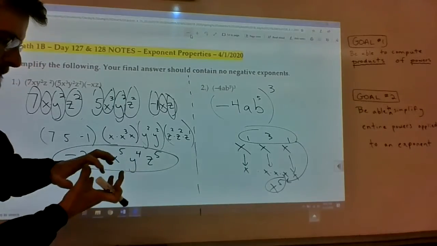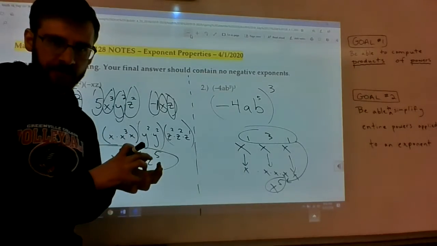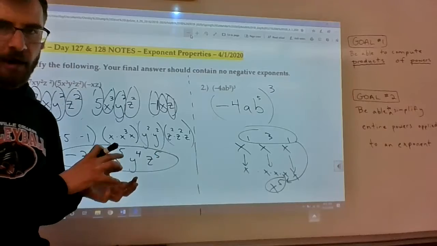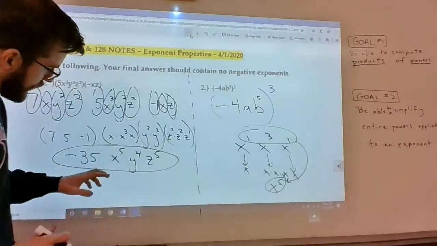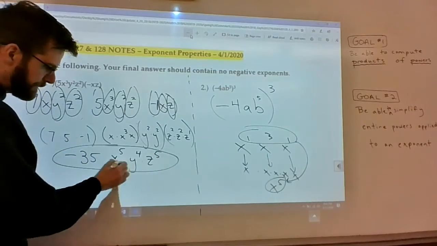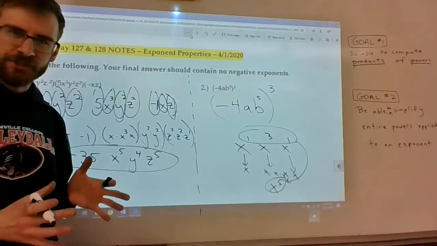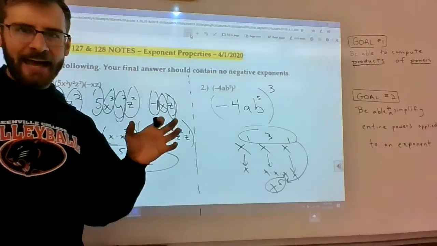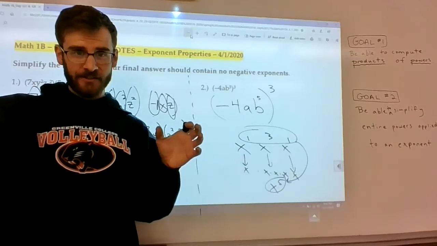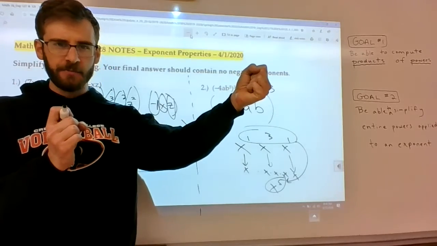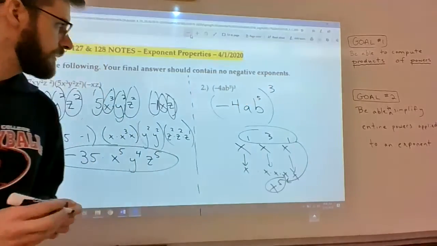The x's can only interact with x's, the y's can only interact with y's, and the z's can only interact with z's. Putting them side by side in multiplication is fine, but you're not going to take an exponent from an x and try to combine it with an exponent for a y.